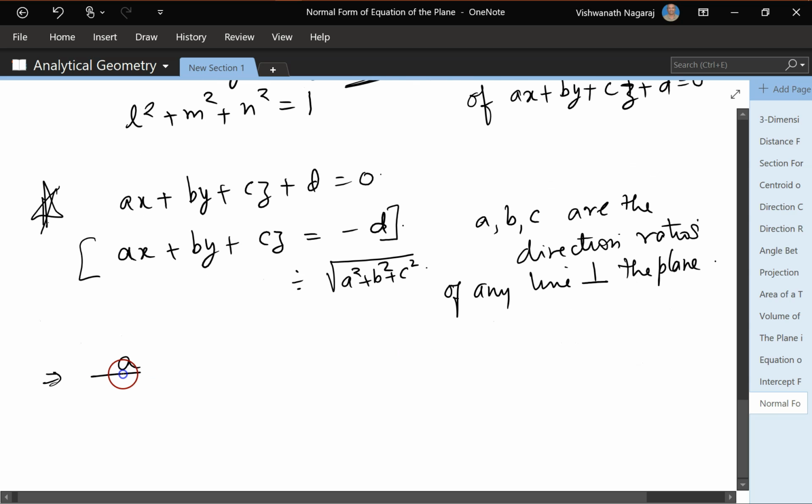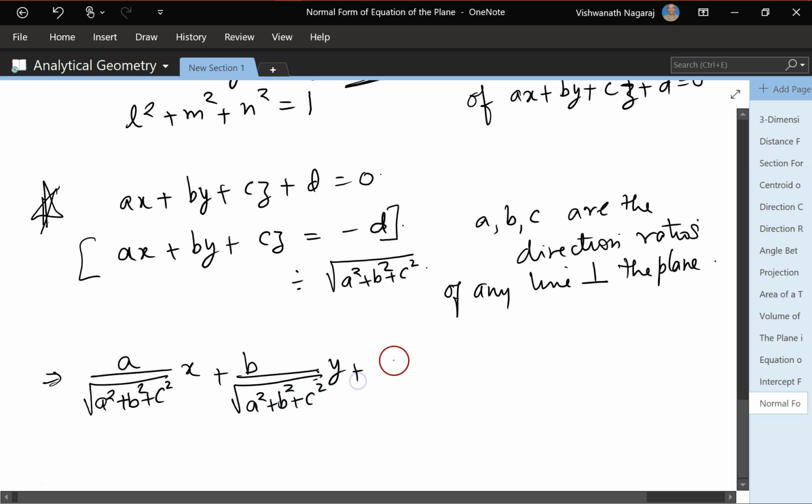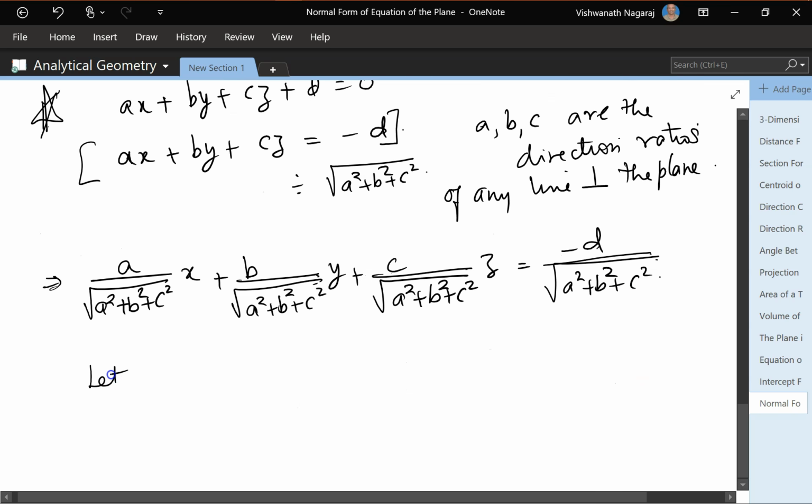So a by the square root of a square plus b square plus c square, x, plus b by the square root of a square plus b square plus c square, y, plus c divided by the square root of a square plus b square plus c square, z, is equal to minus d by the square root of a square plus b square plus c square.